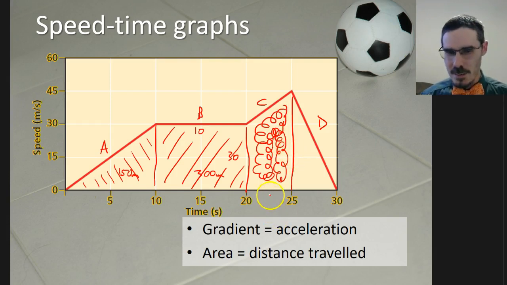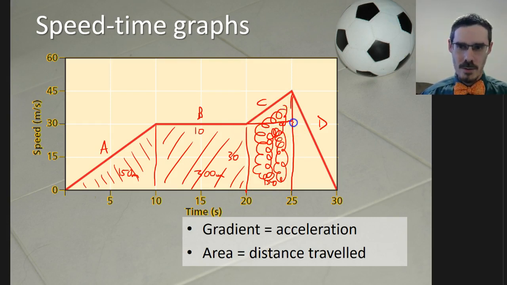It's not an easy shape to calculate. You could make it into a rectangle and a triangle if you wished. The rectangle here was 5 by 30, which is 150. And the triangle here is 5 by 15 divided by 2. You could work out the total area here would give you the total distance travelled, but it has to be the total of that whole area.